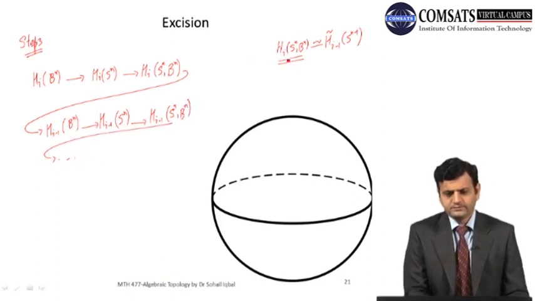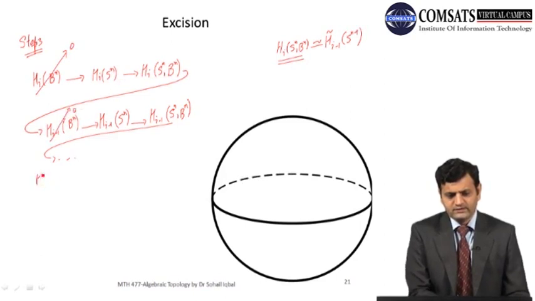Okay, so this Bn is basically contractible to a point. That's why we can say that this Hi(Bn) is 0 and Hi minus 1(Bn) is 0. So in other words, we can say that Hi(Sn, Bn) is isomorphic to Hi(Sn).